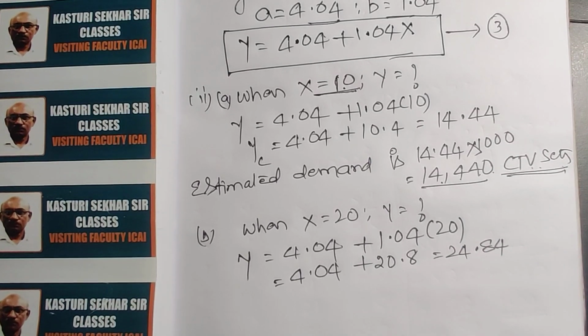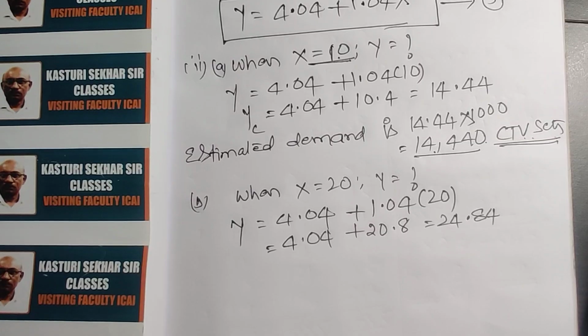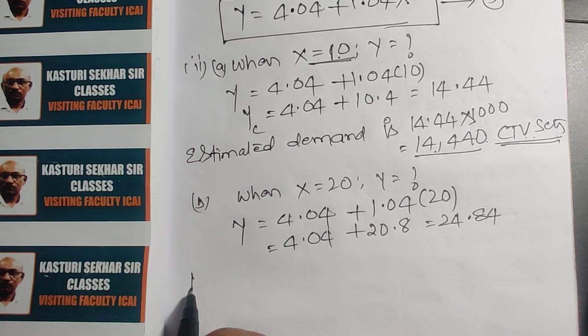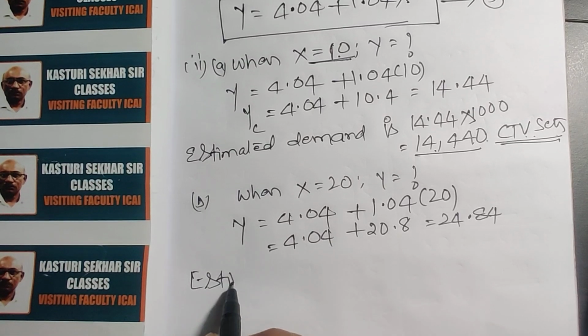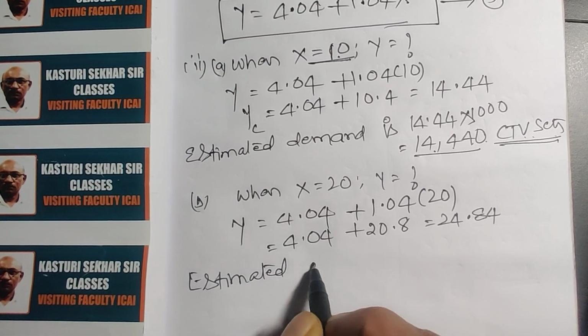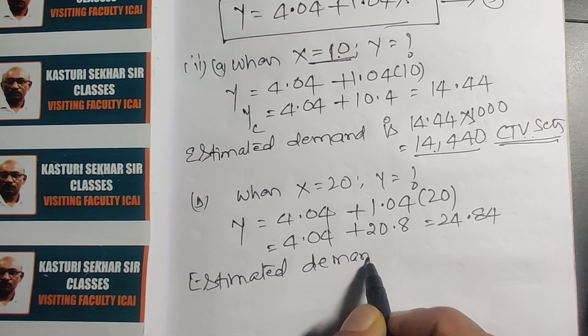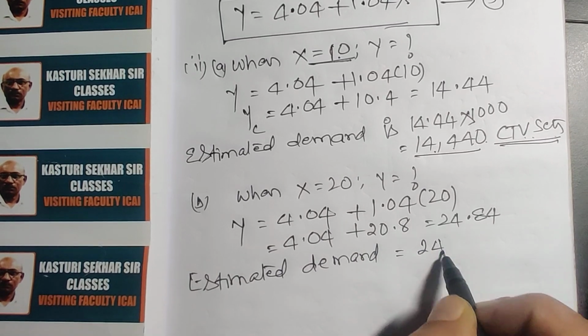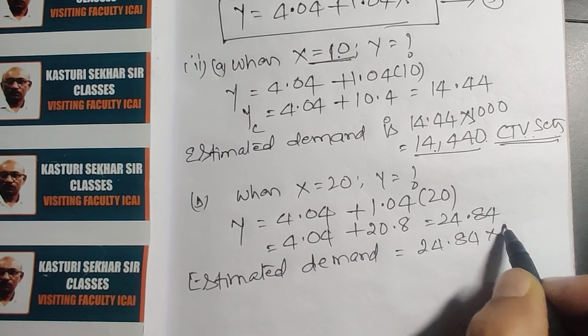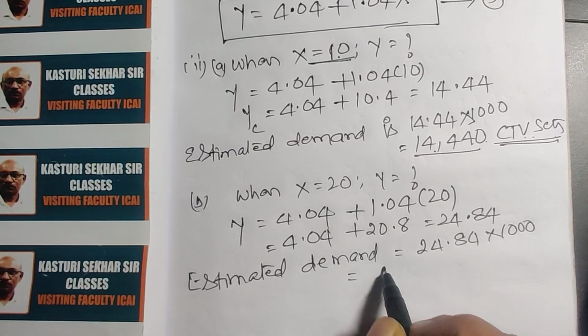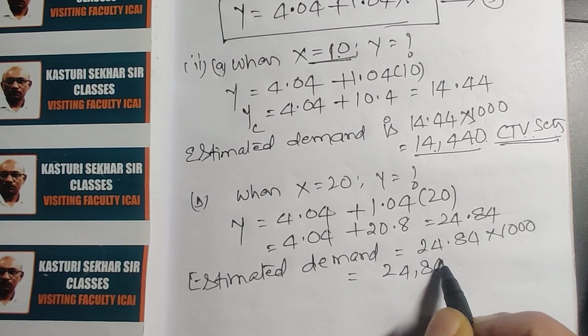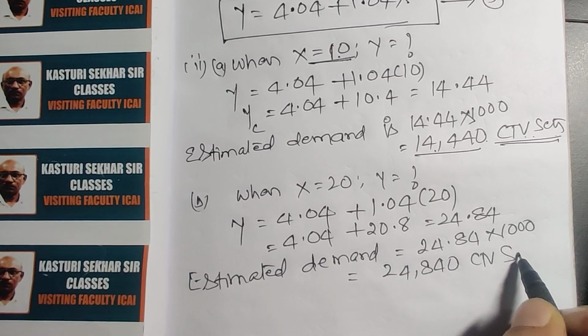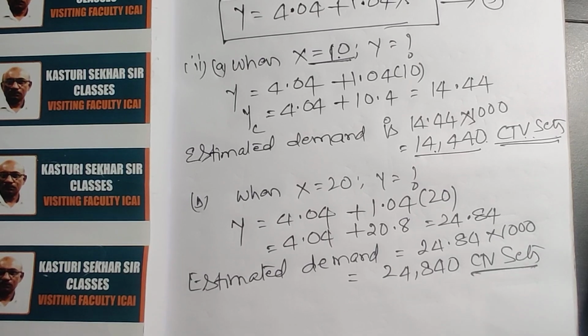Once again, it should be multiplied with 1000 because demand is expressed in thousands. So estimated demand is equal to 24.84 into 1000, 24,840 color TV sets. This is the expected demand. For this expected demand, the company will start production.